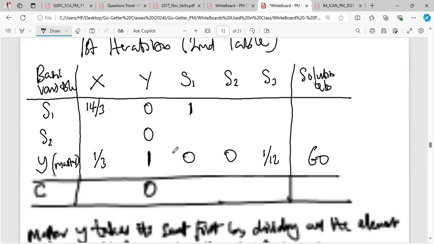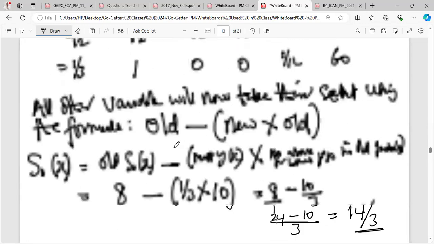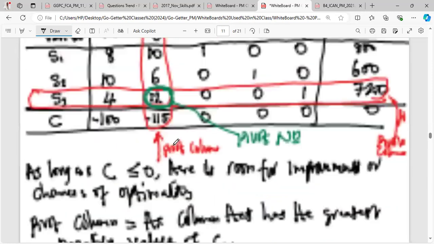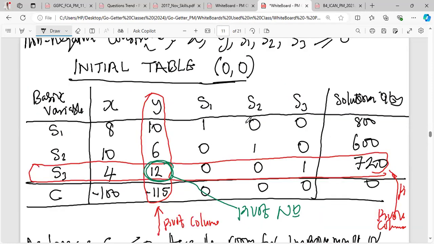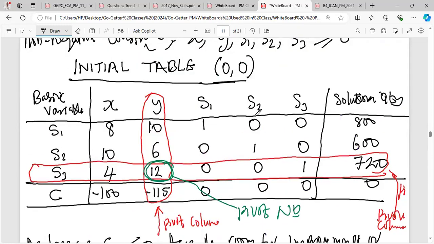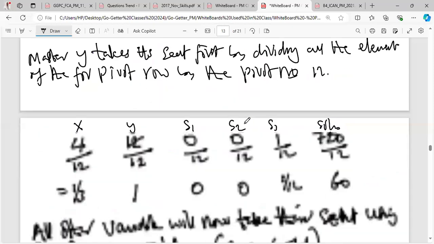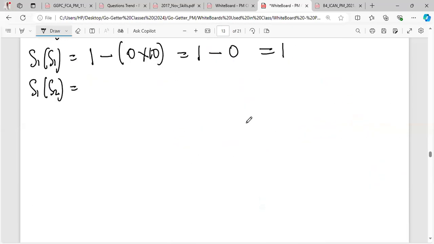So we'll come here and write our 1 here. Then S1, S2. What is the old S1, S2? It's 0. Okay, so I'll be doing them sharp sharp. S1, S2 is 0. S1, S3 is 0. Then there is 800.